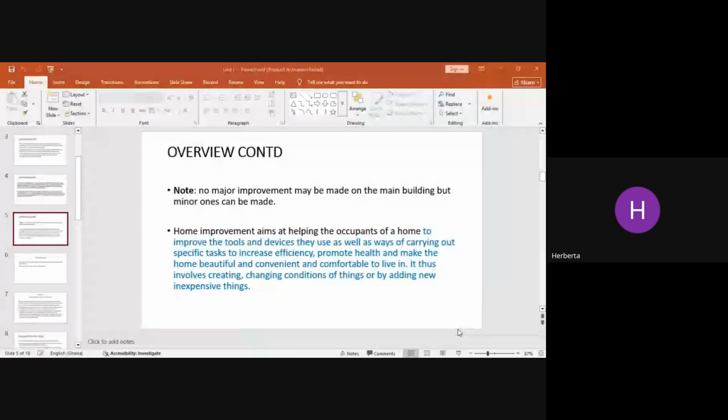And therefore, from time to time, there is the need for you to do something that will improve their efficiency for you to get the maximum benefit from them. And the process of doing that is what we call home improvement. And I'm saying that home improvement goes beyond renovation, and it is not renovation. That is what I said.